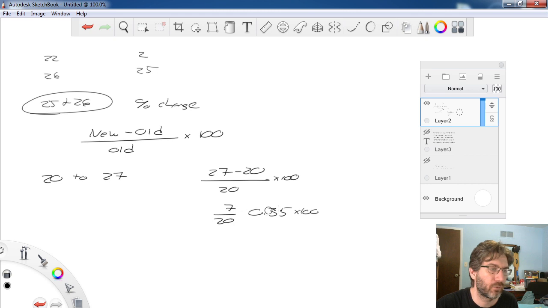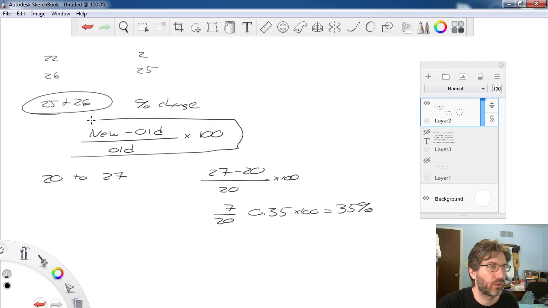This is no longer equal if I'm multiplying it by 100, and that's going to be 35%. So again, you're just going to follow this template here, and that's going to be true for 27 as well.